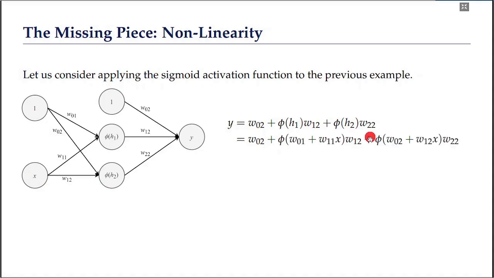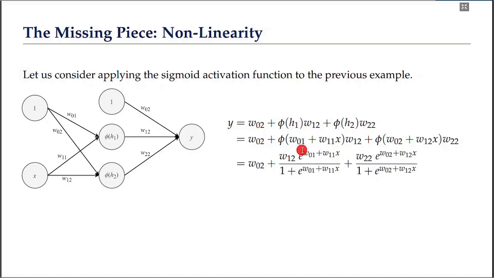So instead of h1, we write w01 plus w11x, and instead of h2, w02 plus w12x. These values should pass through a sigmoid activation function. For this example, phi is the sigmoid activation function, so this can be written in this form.